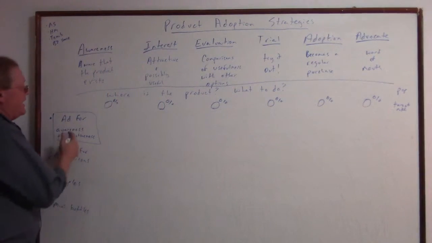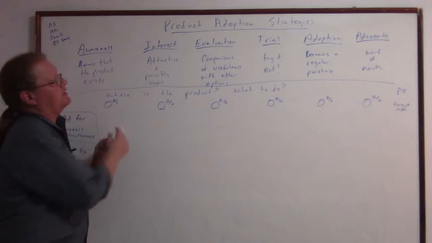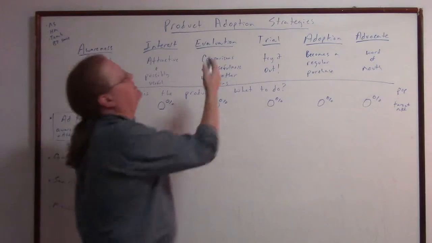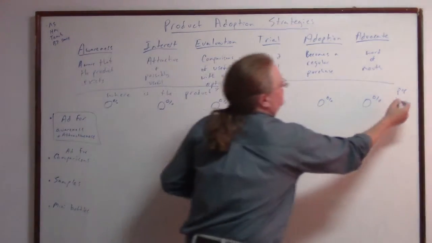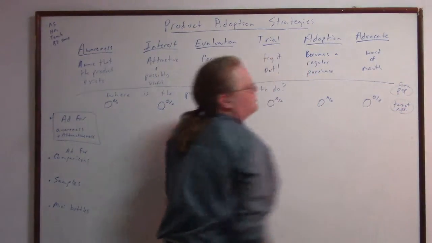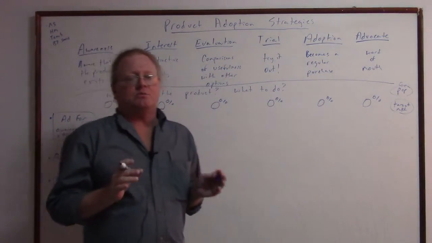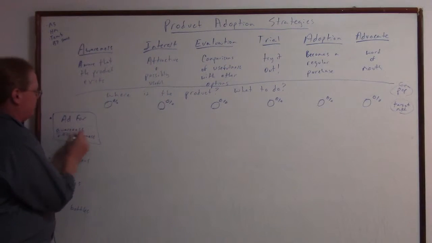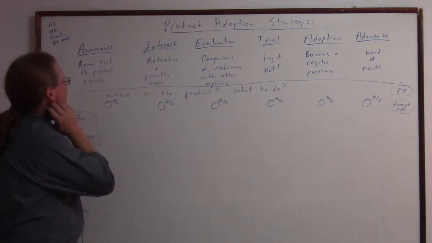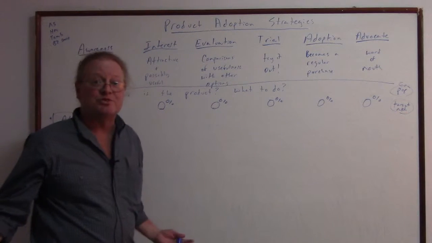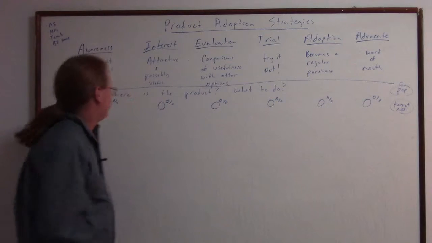So we could do an ad, and here again, this is the percentage of people at each stage of the adoption process. You could be doing this for the general population or your target market. Now think about it. At this point, you've got a new product, nobody knows about it. So you do an ad for awareness and attractiveness. Since nobody listens to the media, why would you do an ad for it?